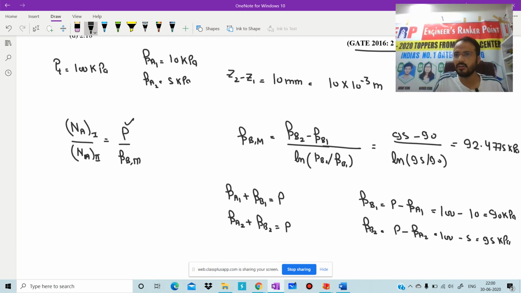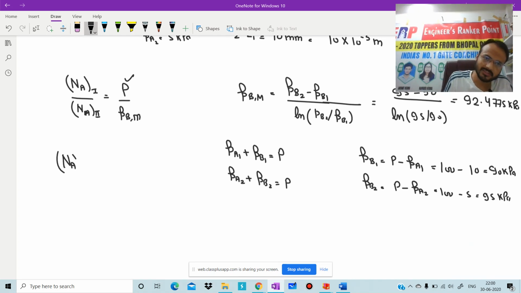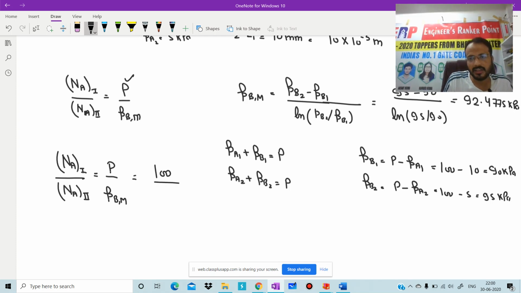Now put all these values in NA first divided by NA second, which is total P by PBM, that is 100 divided by 92.4775. After solving, we will get NA first divided by NA second equal to 1.08.